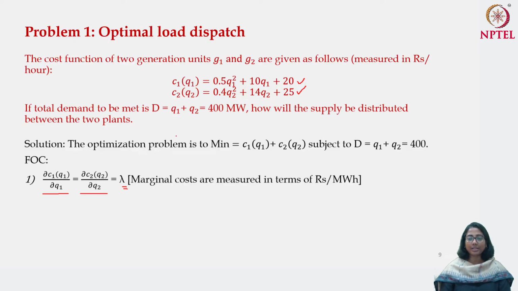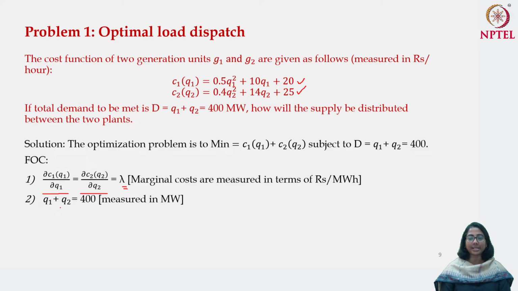One thing important to notice is that when we were talking about total cost, we were measuring it in terms of rupees per hour. When we are talking about marginal cost, we are actually talking about rupees per megawatt hour. And the second first order condition is given by Q1 plus Q2 equal to 400.